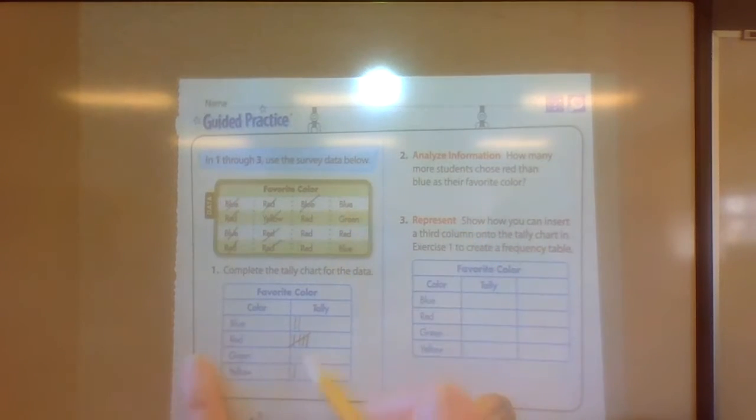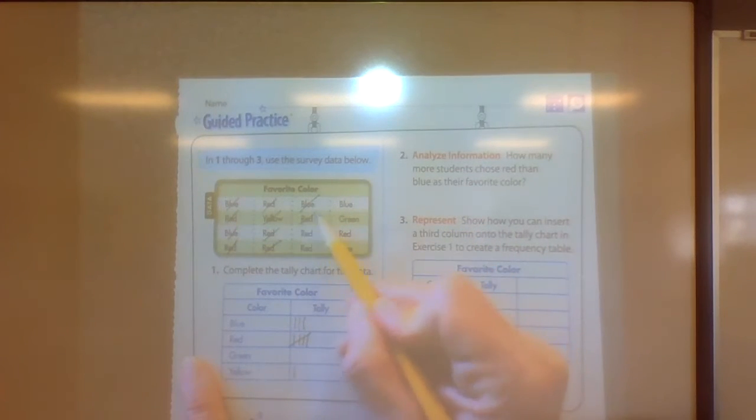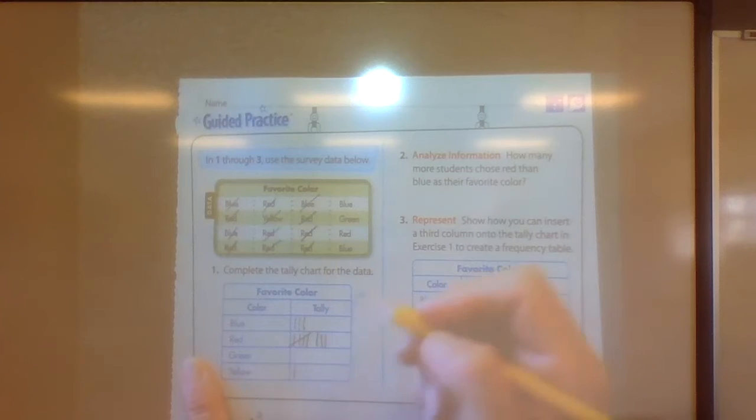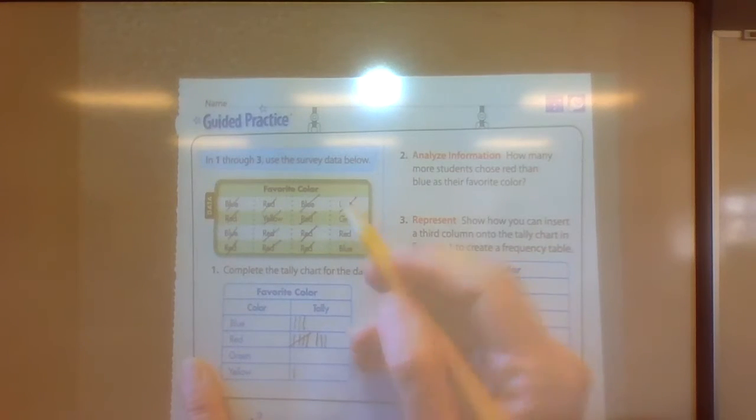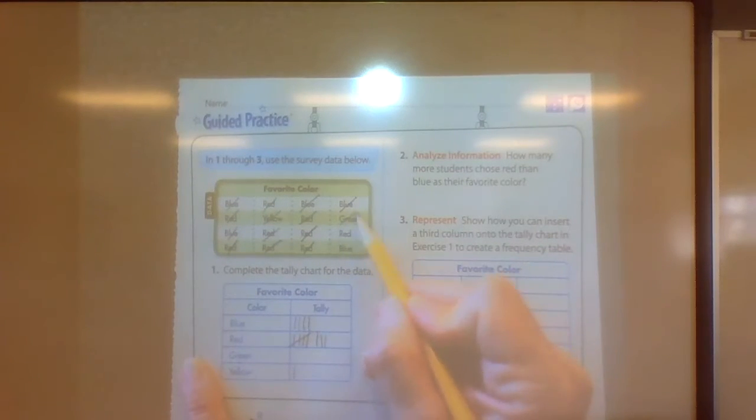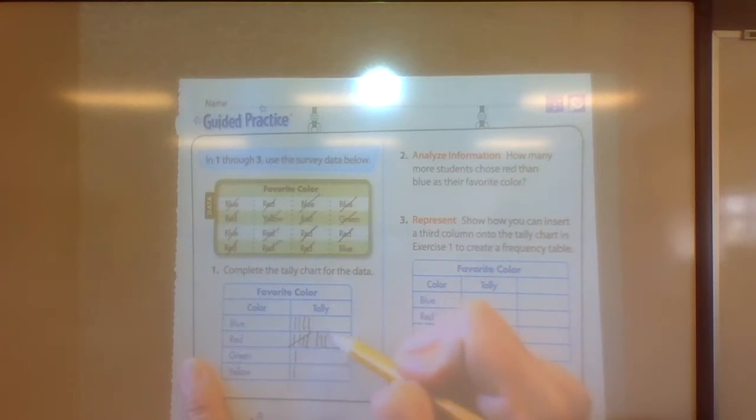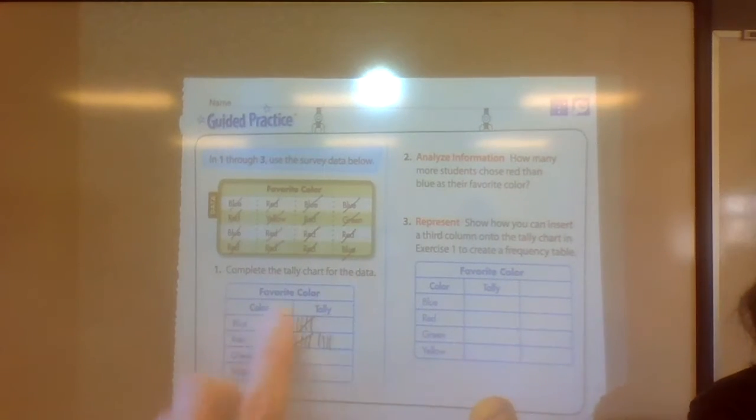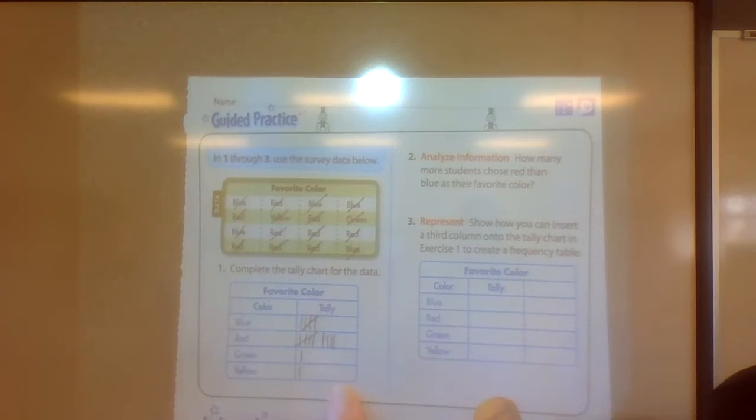Blue, red, red, red, blue, green, red, and blue.